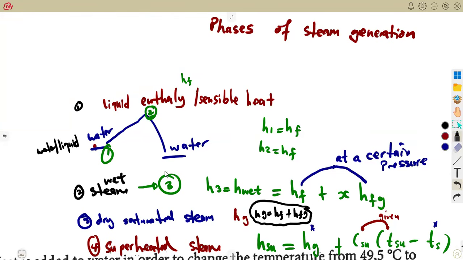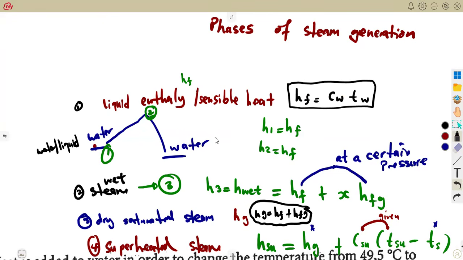And even for the sensible heat, sometimes you are given the specific heat capacity of water and the temperature of water. This H1 that we are talking about, which is your Hf, can also be determined from the specific heat capacity of water times the temperature of water, provided that you are given that.